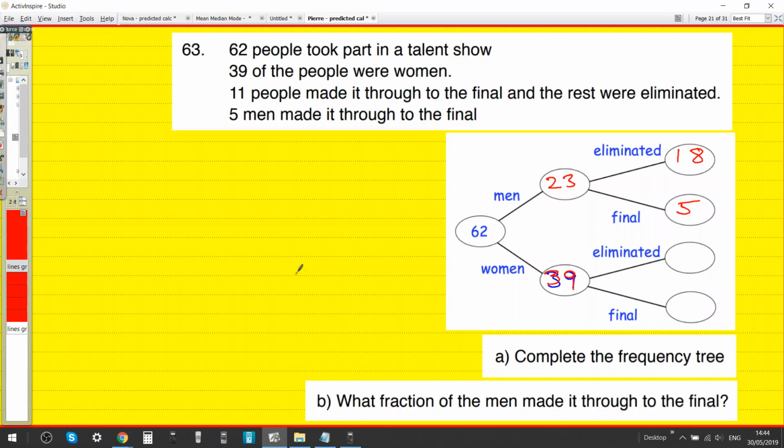For the women, 11 people went into the final, and the rest were eliminated. So 11 take away 5, 6. So 6 women made it to the final.